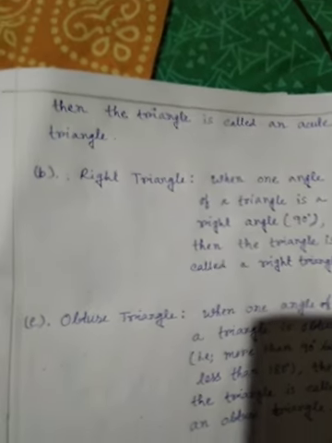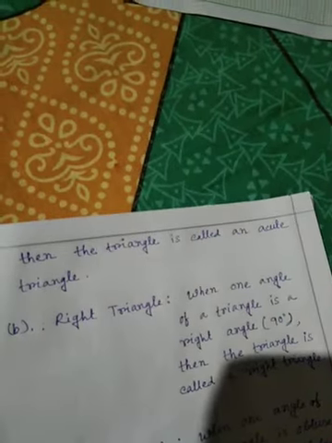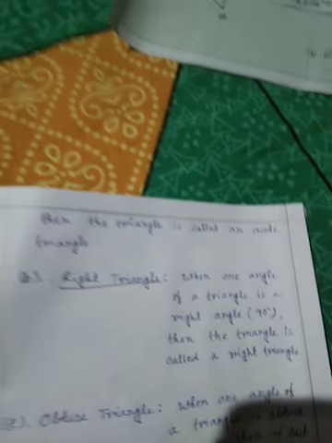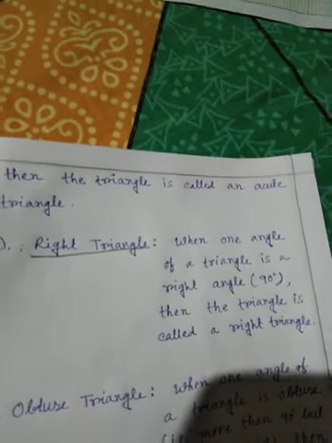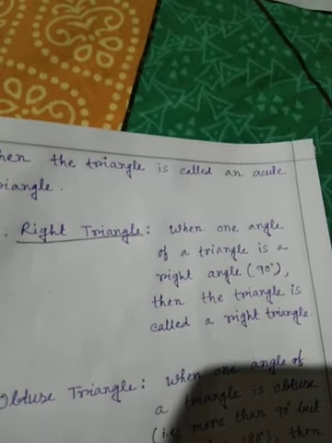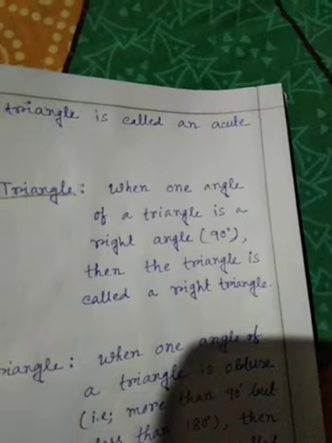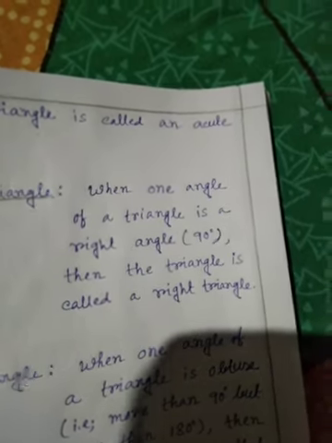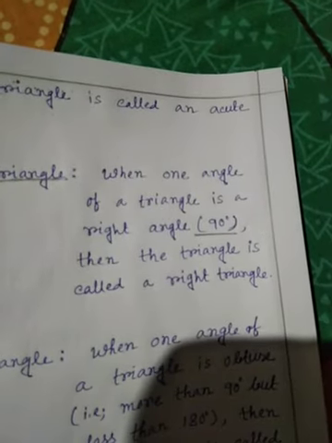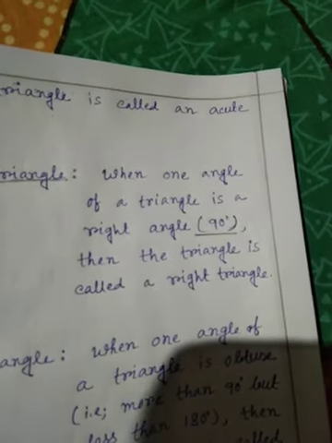Okay. Now the second one, right triangle. We have already learned that a right angle means it's 90 degree. And for a right triangle, when one angle of a triangle is a right angle, means 90 degree, then the triangle is called a right triangle.